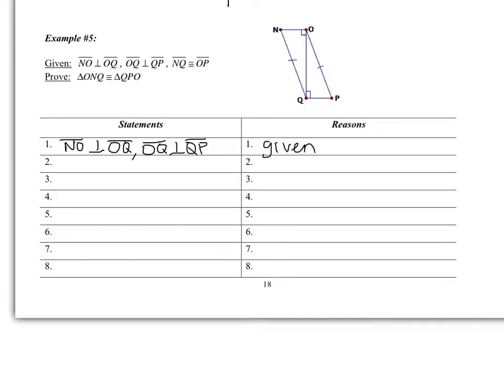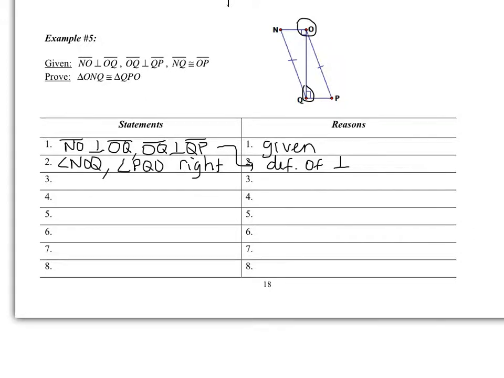Perpendicular means that we have right angles, which is shown in the figure, but we still need to say that. So angles NOQ and PQO are right. If we remember from before, that's the definition of perpendicular. Remember, one statement generally becomes the next reason.